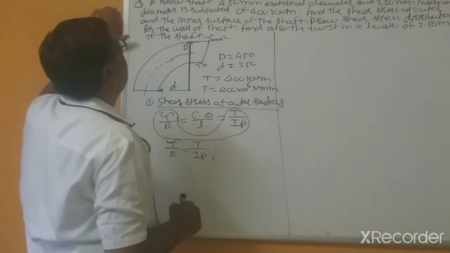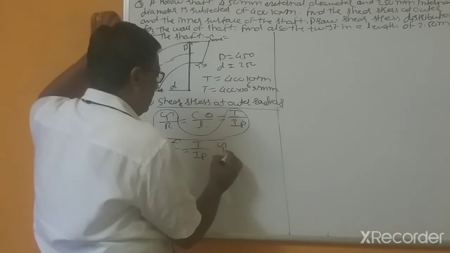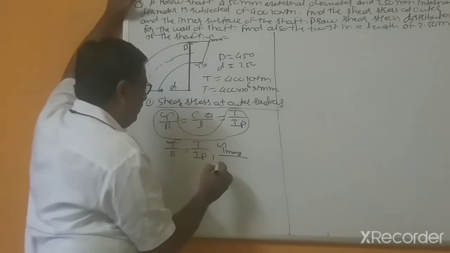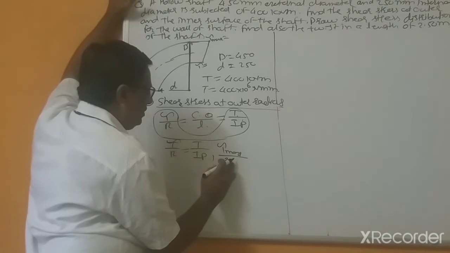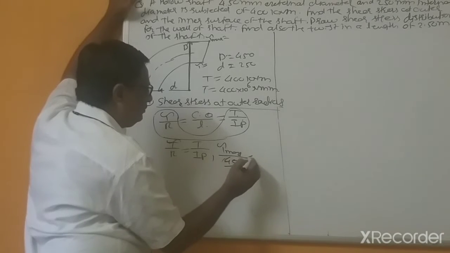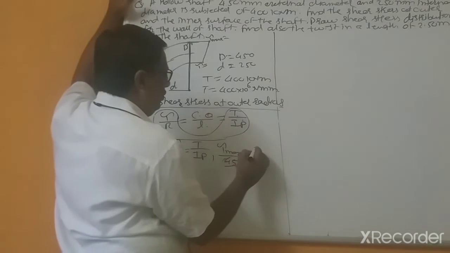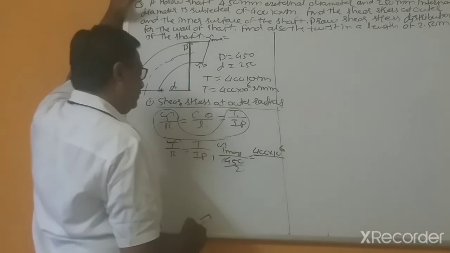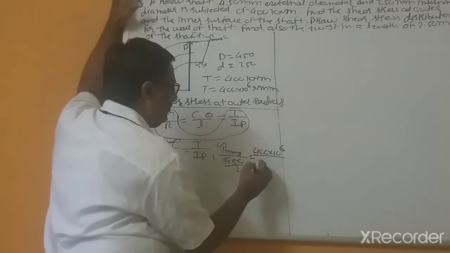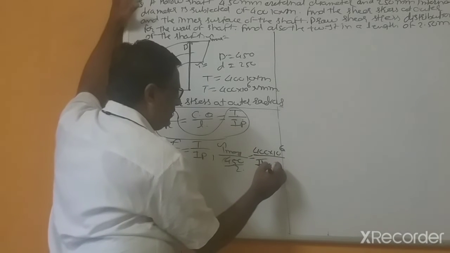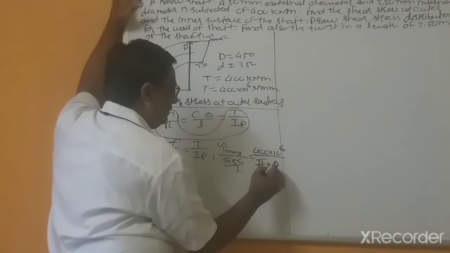So tau is to be calculated at maximum, R equal to 450 divided by 2, T is 400 into 10 to the power 6, polar moment of inertia is pi by 32 capital D raised to 4.